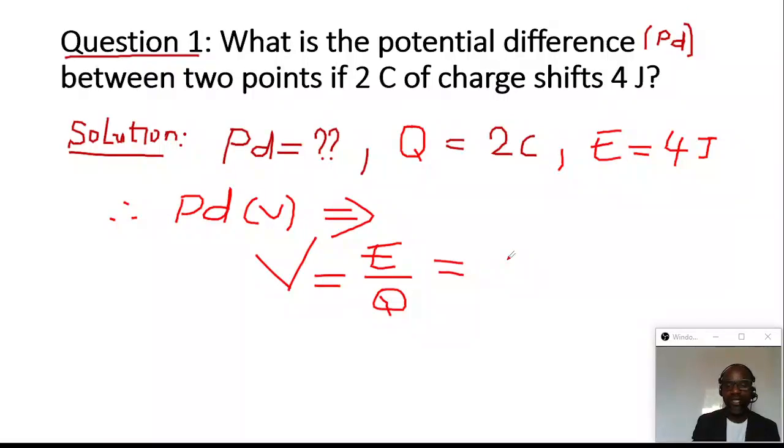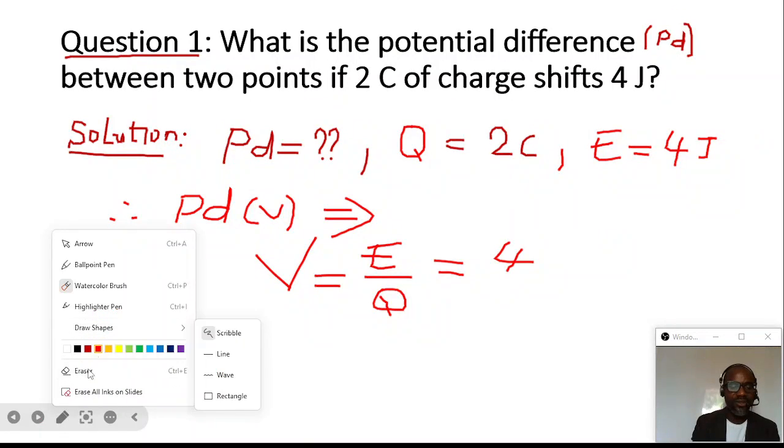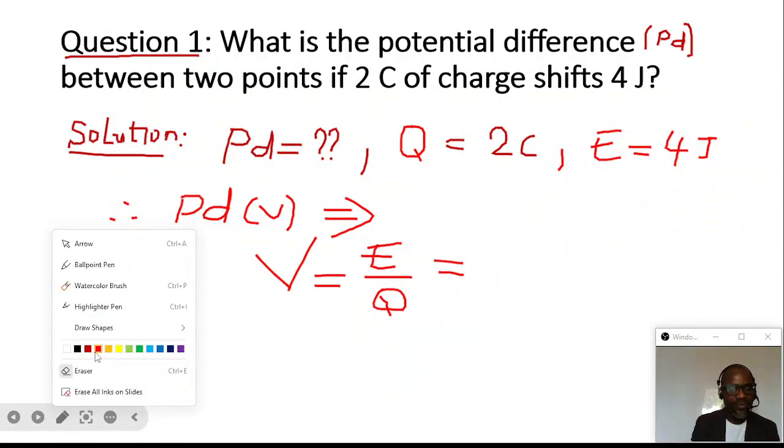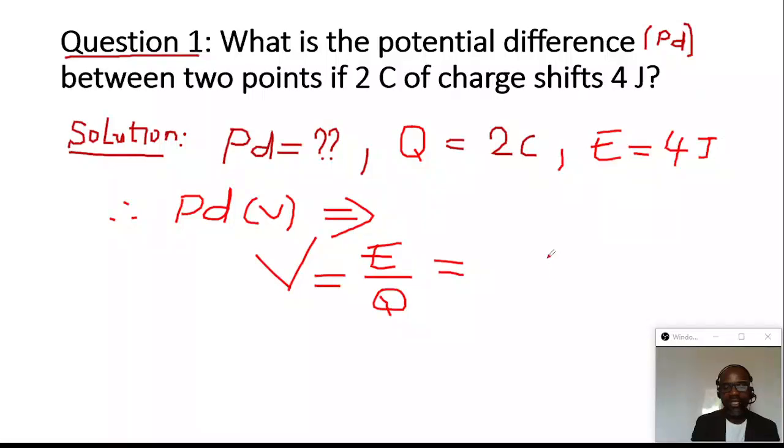Our substitution is going to be energy is 4. Let's write this 4 very well so that it looks good. The value of energy according to the information we have is 4.